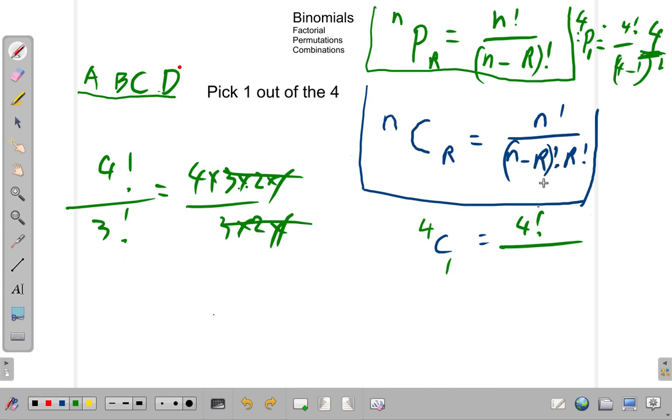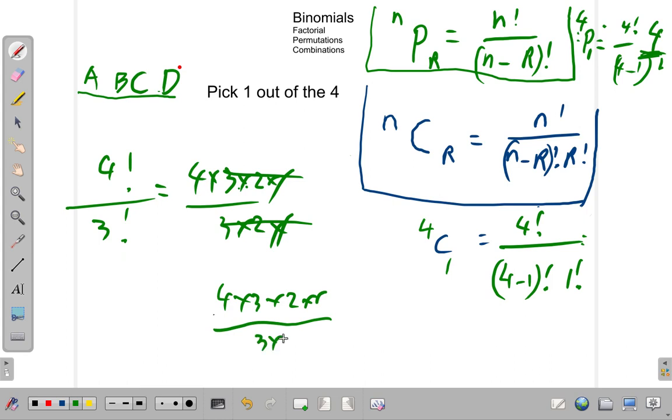So n factorial, which is 4 factorial, over n minus r, which is 4 minus 1 factorial, times r factorial, where r factorial would be 1 factorial. So 4 factorial, let's work it out here. 4 by 3 by 2 by 1 divided by 4 minus 1, which is 3. 3 by 2 by 1 times 1 factorial, which is just 1. So the answer you get for this is the same, 4.